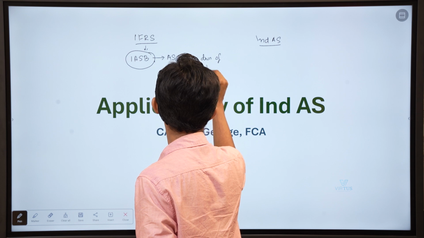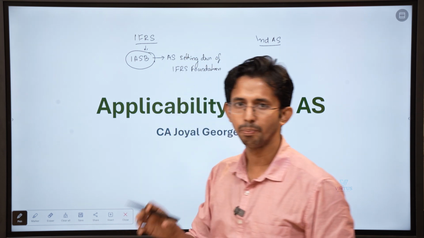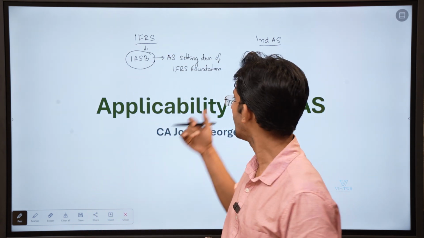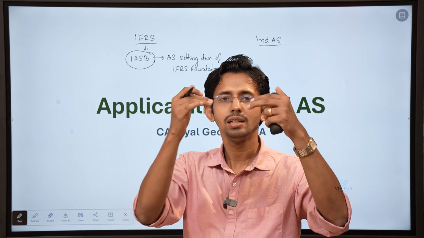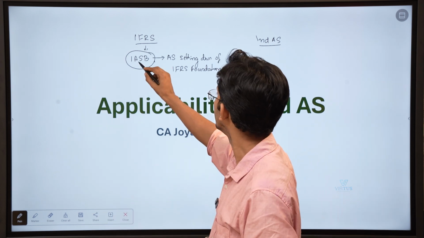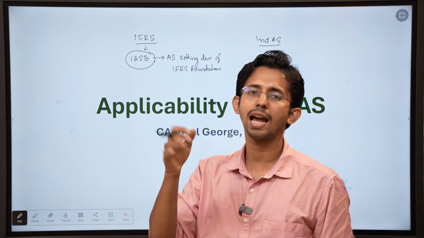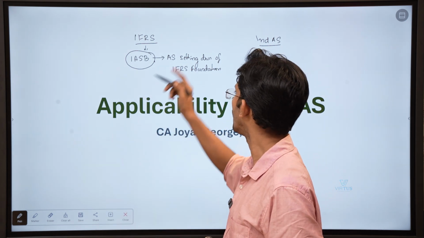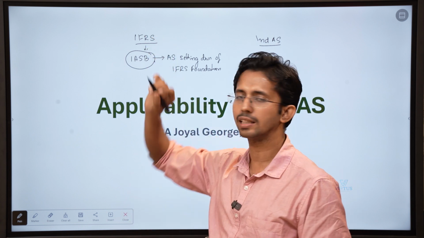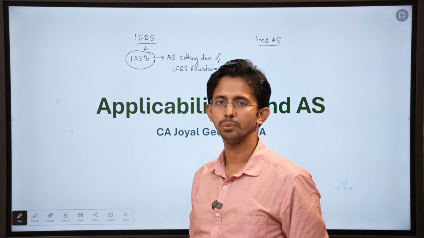So the IFRS Foundation is a non-profit organization which is based out of the UK. This IFRS Foundation has got three major wings, and one of its wings is IASB, which is the standard setting body of the IFRS Foundation, responsible for issuing what? International Financial Reporting Standards. I hope that is clear to you.